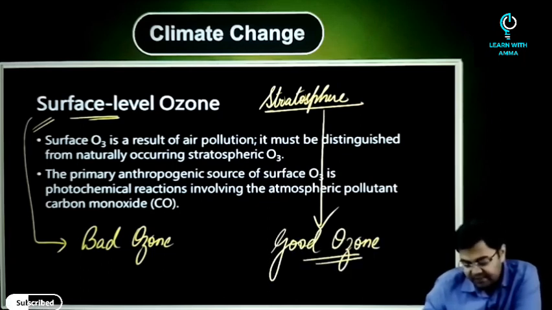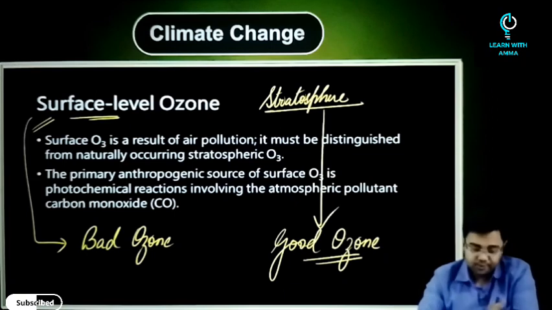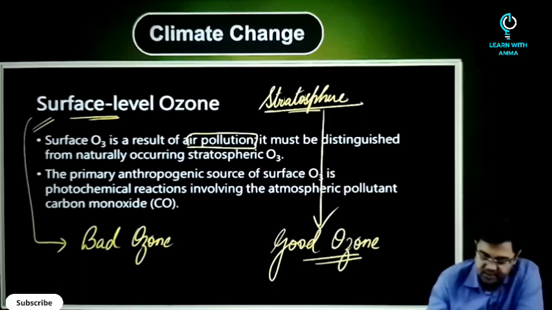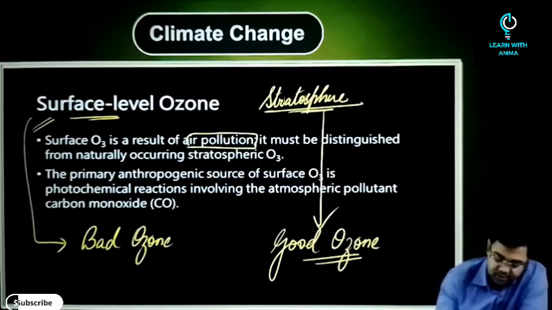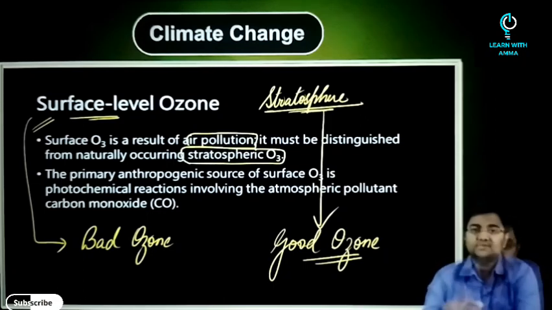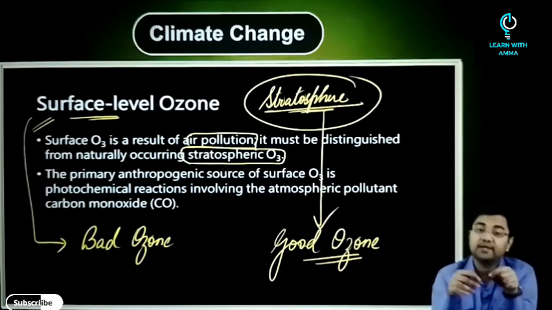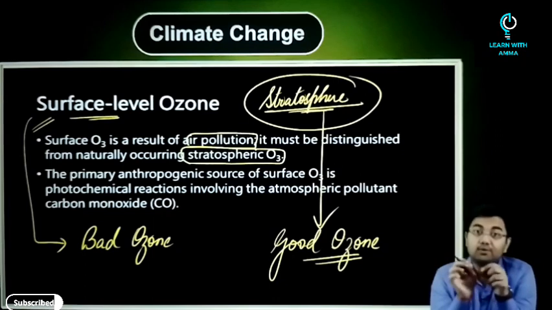And there is a reason why we call it bad ozone or good ozone. Surface ozone is a result of air pollution, and the one in the stratosphere is naturally occurring, so there is no anthropogenic factor associated with the stratospheric or good ozone.